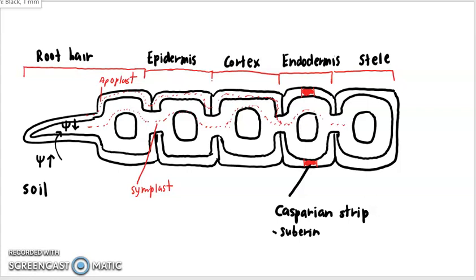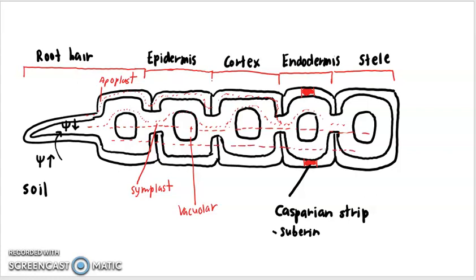For the vacuolar pathway, the water moves through the cytosol and vacuole by osmosis to the stele. If you look here, it moves through the vacuole, so this is the vacuolar pathway. And the other one is the transmembrane pathway, where the water moves across the plasma membrane and also the cell wall.